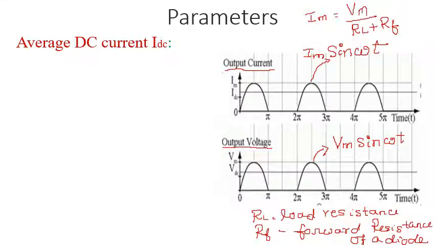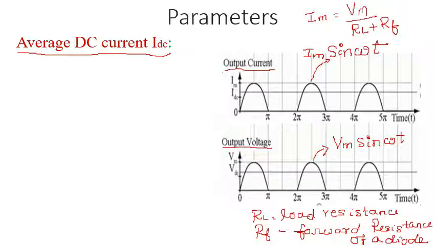Now the first parameter we are going to study is the average DC current, or IDC.